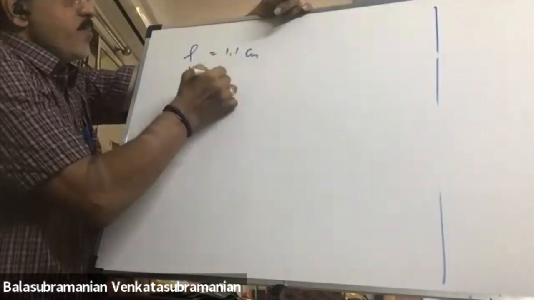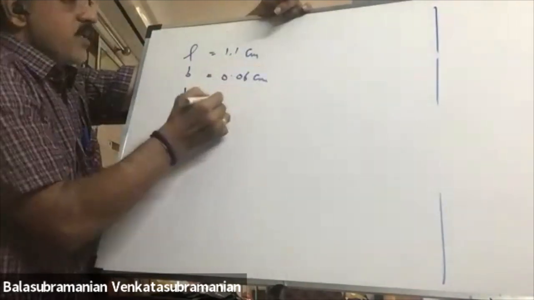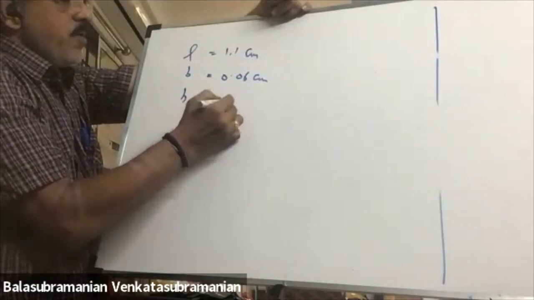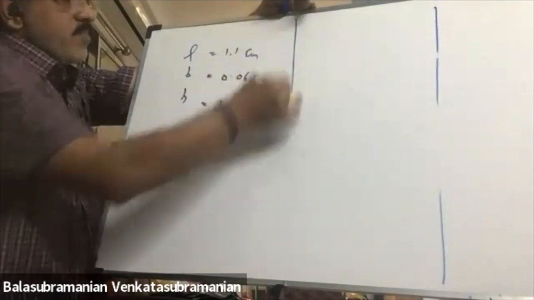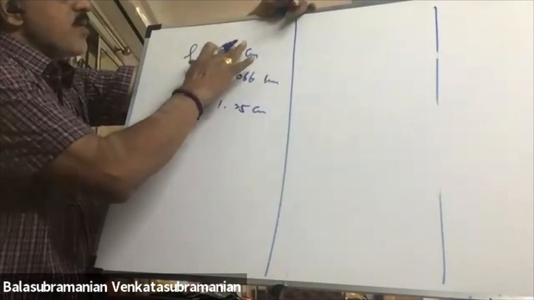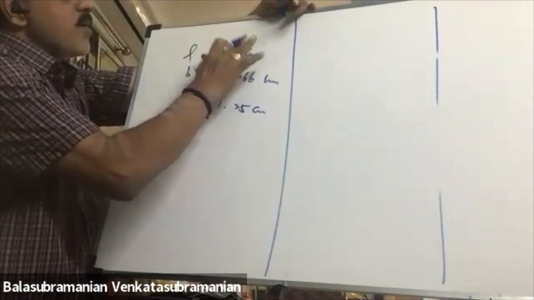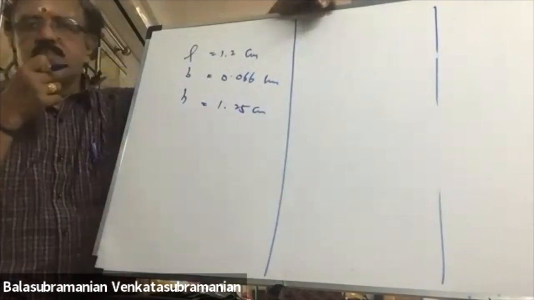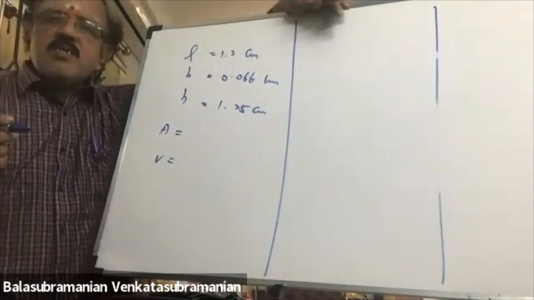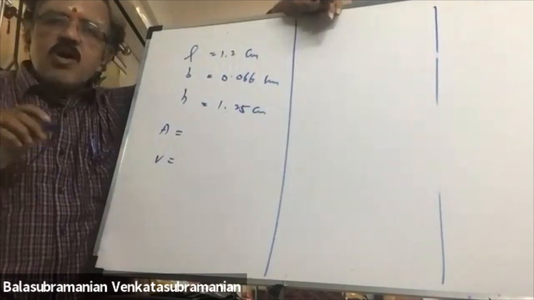Length 1.1 centimeter, 0.06 centimeter. Breadth, height is 1.25 centimeter. 0.66 centimeter. Okay. Calculate the area, calculate the volume. Round off.